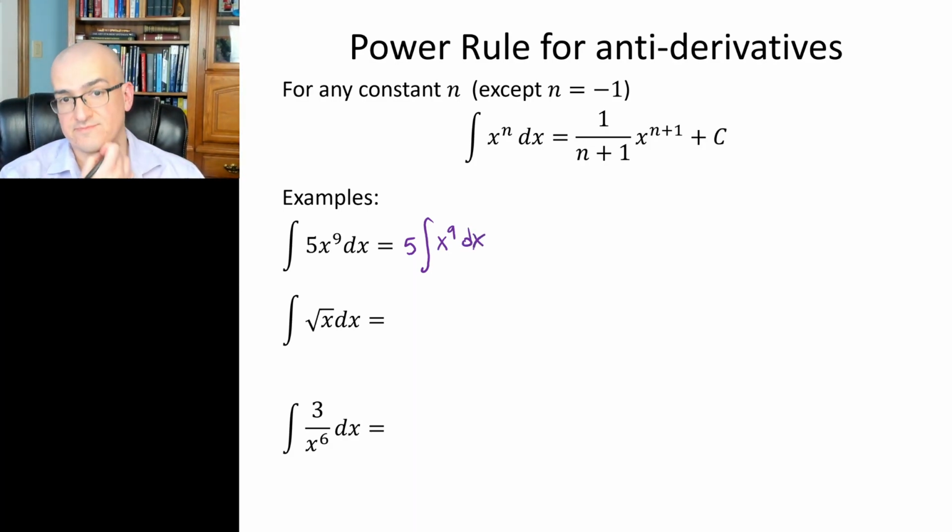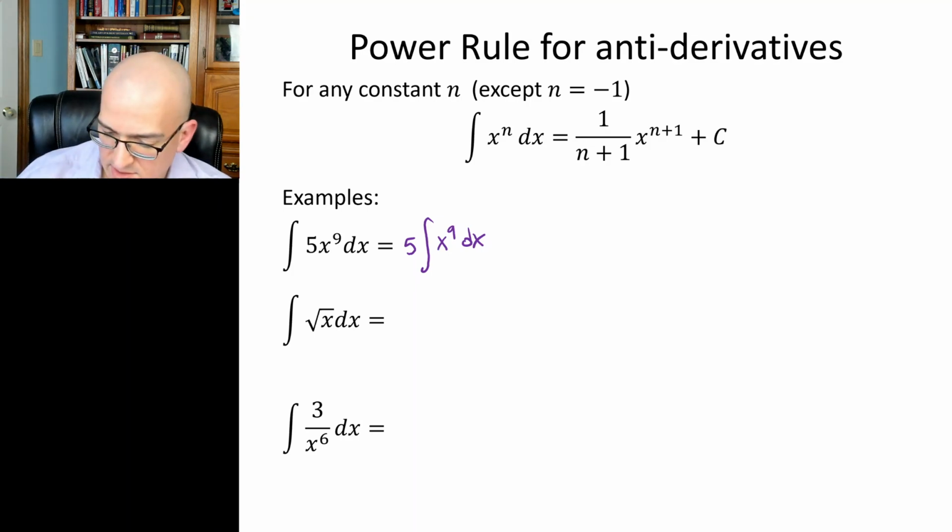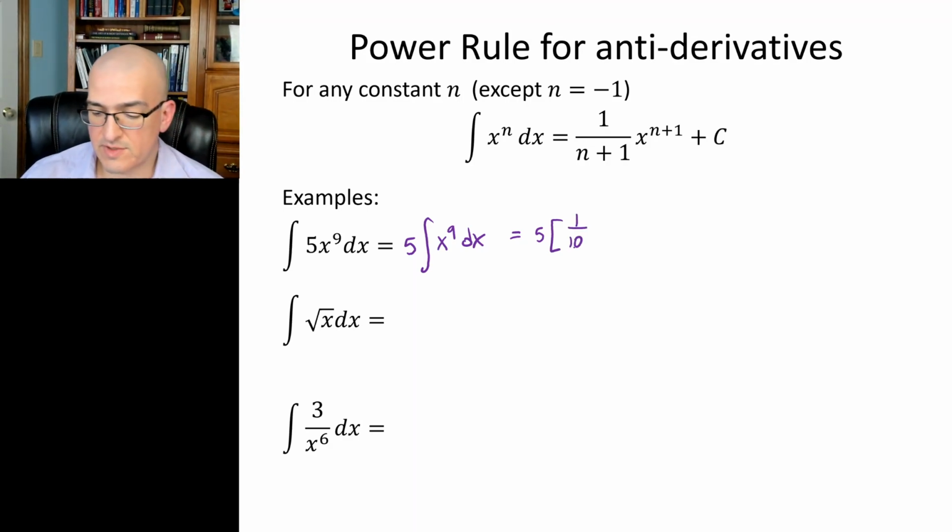Now we're asking, what do you take the derivative of to get x to the power of 9? This anti-power rule tells us that we're going to get 1 over 10. So we have 1 over the old power plus 1, times x to the power of the old power plus 1, plus c.